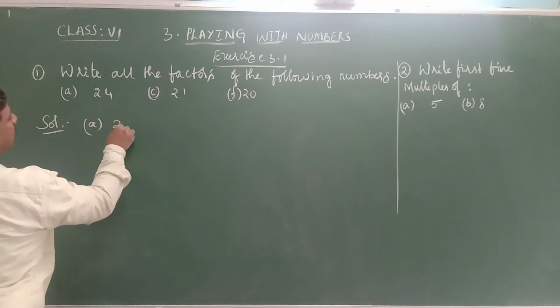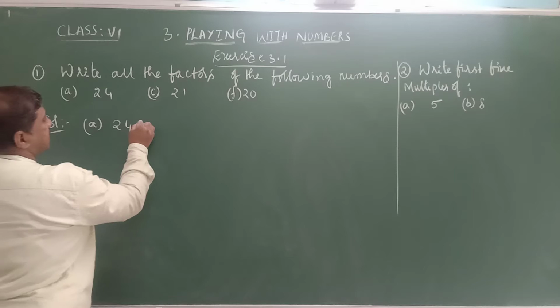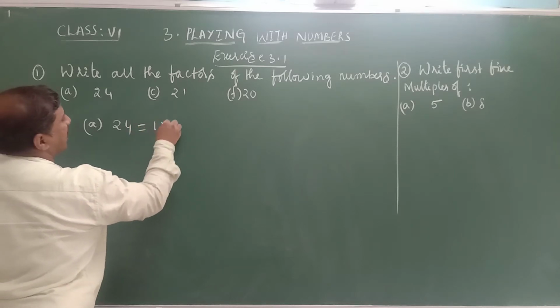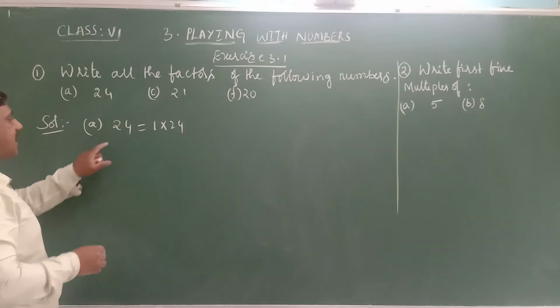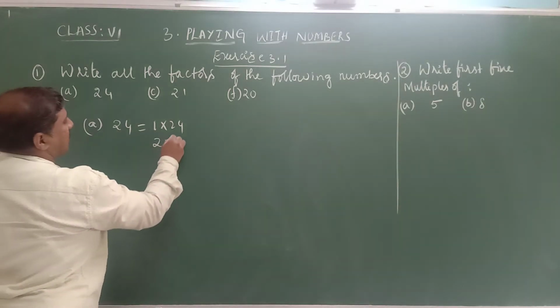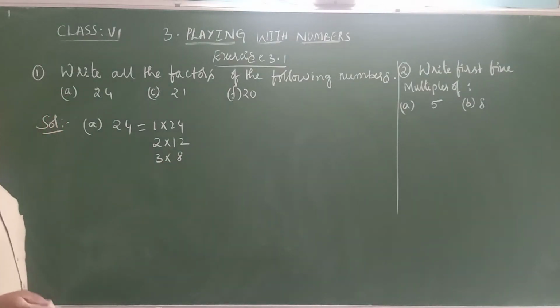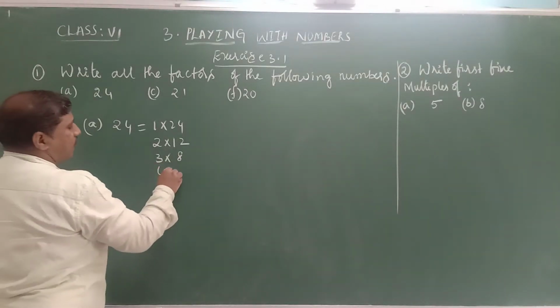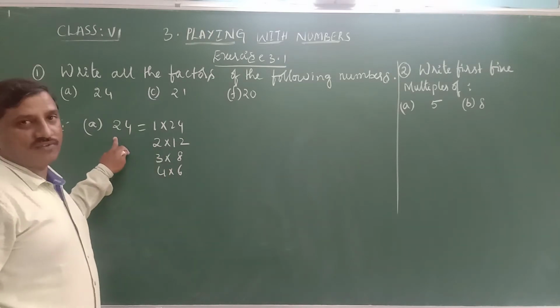So now start writing the factors of the first number. It is 24. So 24 can be written as 1 into 24, 1 twenty-fours are 24. It is an even number. 2 into 12. 3 into 8. Then 4 into 6. Next number is 5. 5 is not a factor of 24.